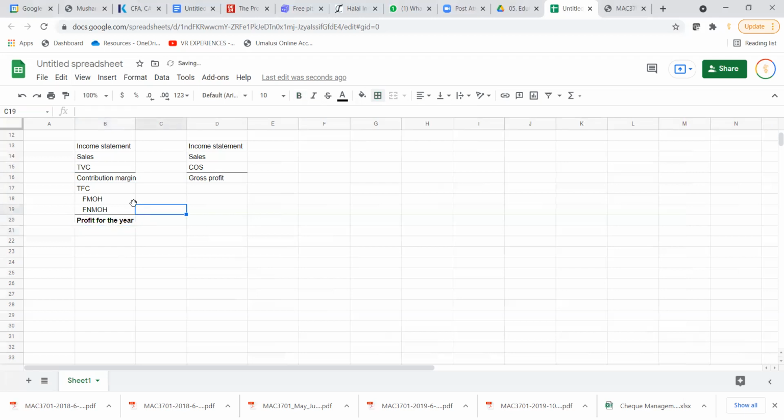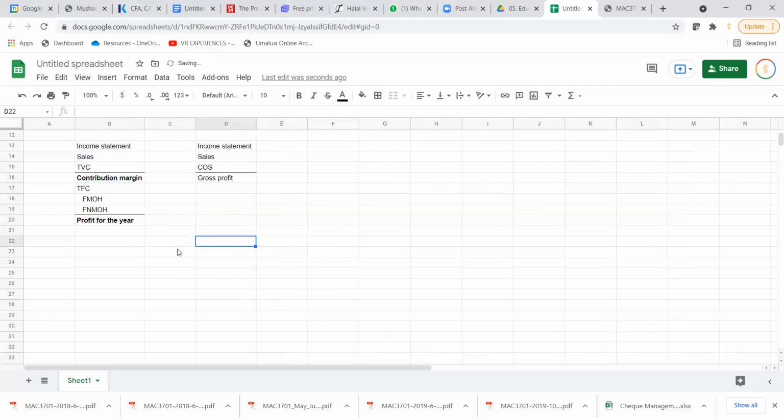So with a variable costing system, above contribution margin it is all variable costs. Below the contribution margin line, it is all fixed costs. Like I said, the variable costing system distinguishes between fixed and variable. Then we get profit for the year.